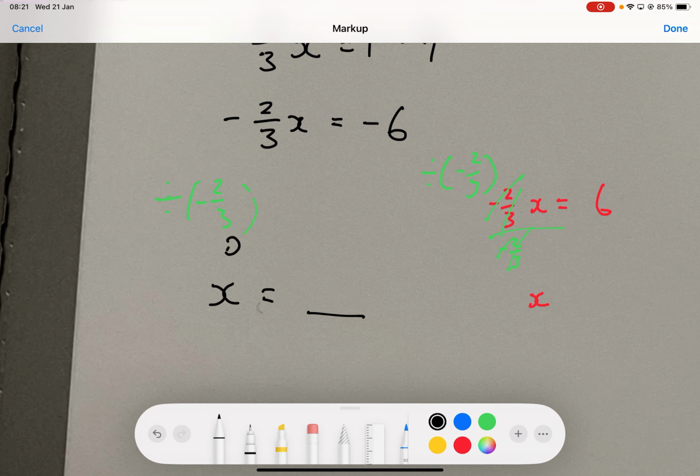My right hand side will be negative 6 divided by negative 2 over 3. Can you press the calculator? Everything is number. So you press this into the calculator, you will get your answer already. Okay? 4.